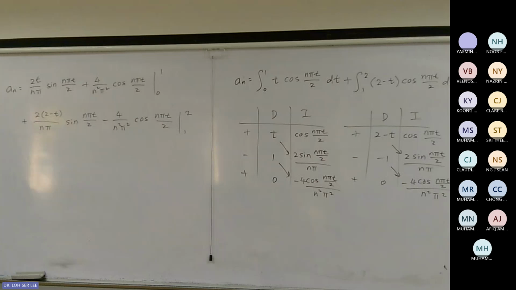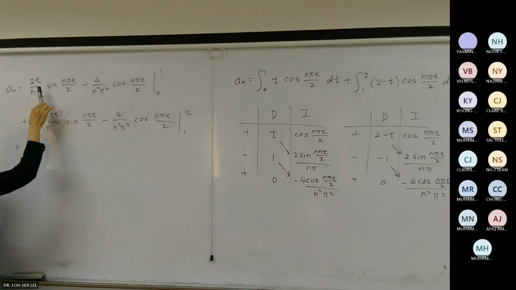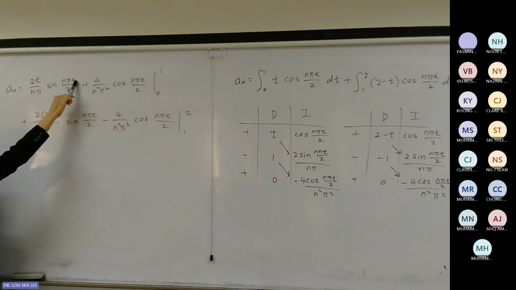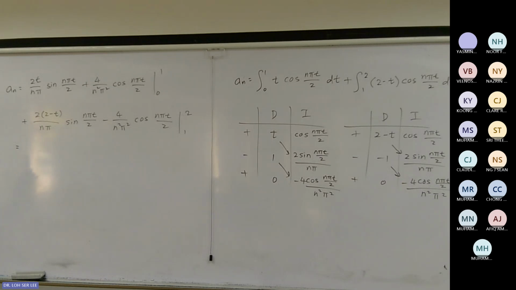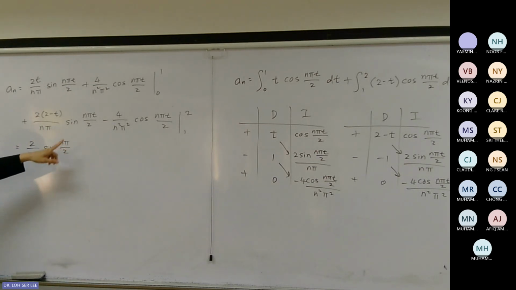And now we look at the substitution of 1 into t. When this 1 is substituted into this t, you have sine n pi over 2. Sine n pi over 2 is not 0. When t is 1, you have 2 over n pi sine n pi over 2. Just leave it in this form.